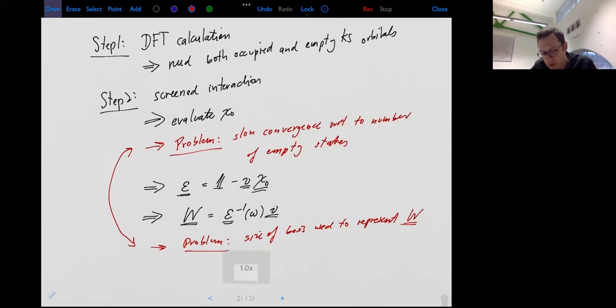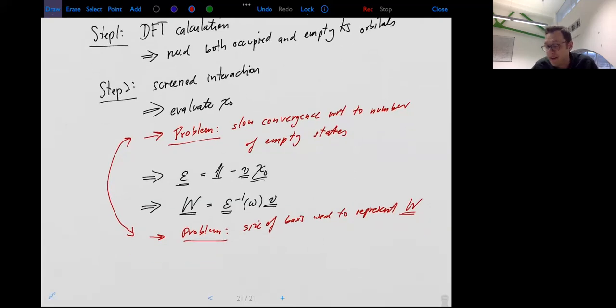And that's something that can cause a lot of difficulties because they can lead to unphysical convergence. So for example, what very often has been done in the past is that people use a relatively small basis to represent the screened interaction, and then they find that they need to sum over relatively few empty states to get convergence.